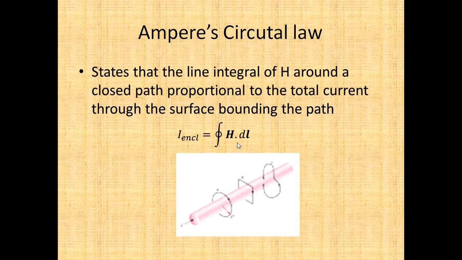If you take the closed integration, it is nothing but the current I flowing through the path, I enclosed, equal to the closed integral of H bar dot dl bar. By using this we can solve some problems.